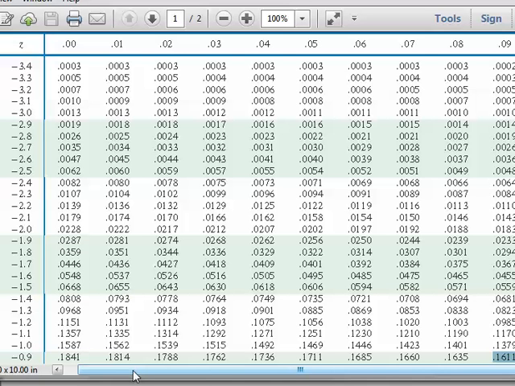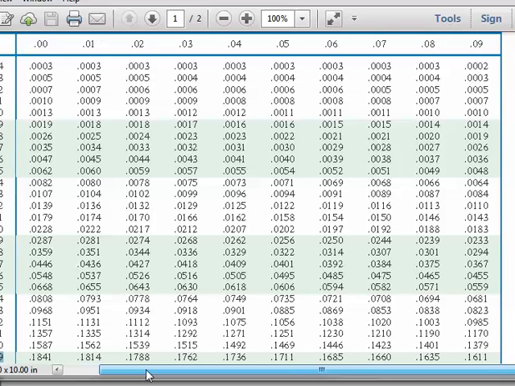As we look up on our table, we remember that we start by looking down the Z column until we find our number out to the tenths. So here we are, negative 0.9. Then we scan across until we get to the hundredths column for our hundredths number, which is 9.